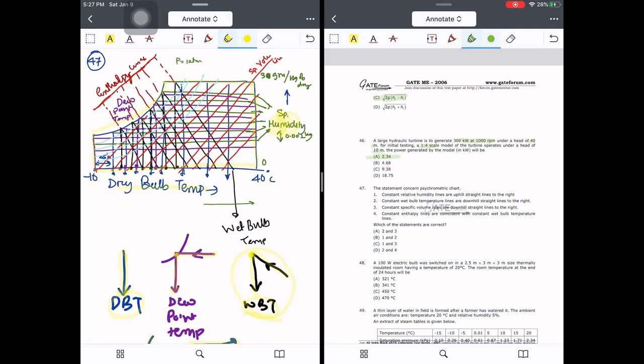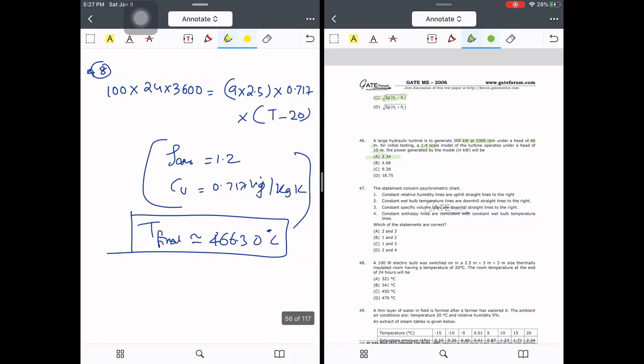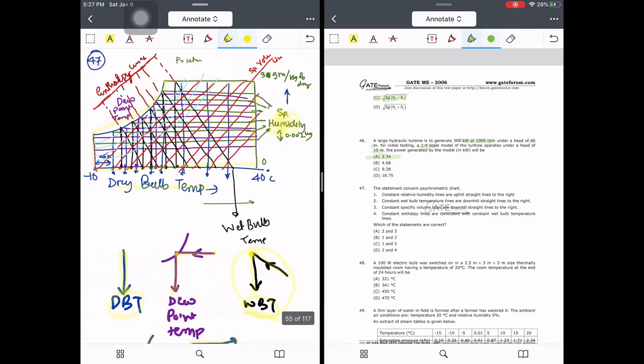If you don't, please let me know so that I can make a separate video for this, or else you can check on YouTube. There are many options available on YouTube where they have explained it properly. Understanding the psychrometric chart is very, very important. In one of the previous videos I have also shown the different processes on the psychrometric chart, and how they are represented.